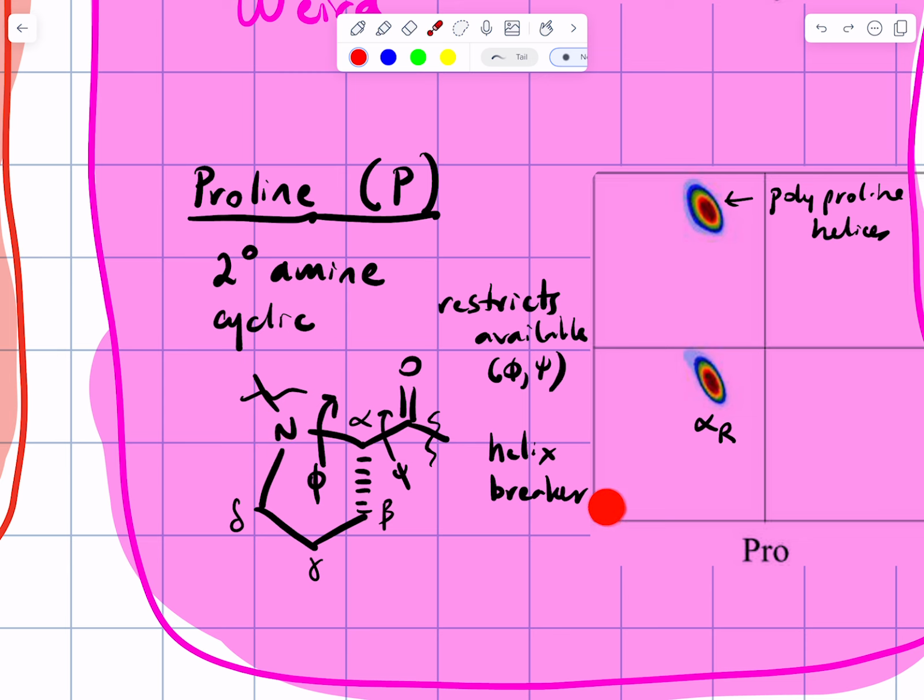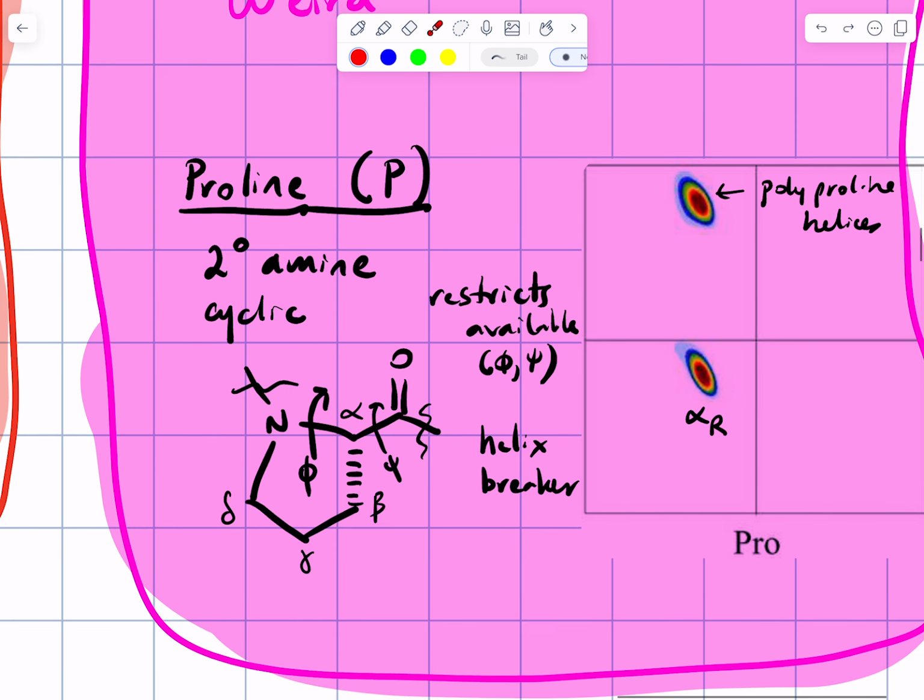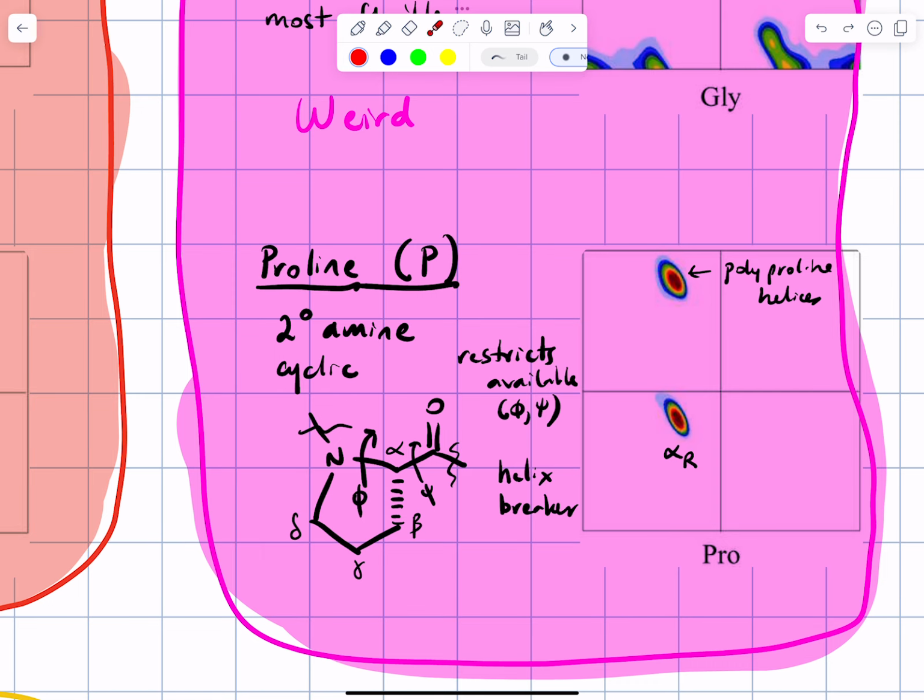What that does is that restricts the values that psi can adopt to an even narrower range. Notice that proline only adopts psi values near minus 60 degrees, can't get to minus 180. The reason it can't get to minus 180, you can see if you build a model of a 5-membered ring and imagine trying to twist it around like this without breaking the ring, and you can't. So the presence of that ring really does restrict the values that phi can adopt. And so proline will do different things than some of the other amino acids because of that constraint.